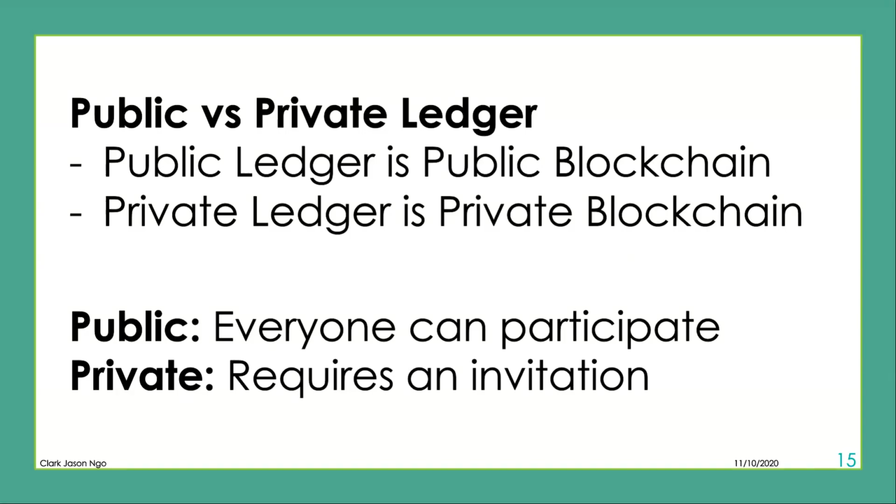So when we now talk about ledgers, there is a public ledger, an example of which would be a public blockchain, and a private ledger is a private blockchain. As we all know, public means everyone can participate, and private requires an invitation.